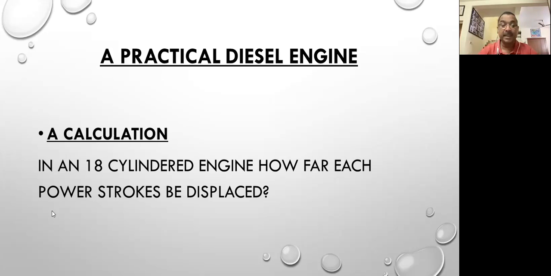It's 30 degrees. So in this case, when the crankshaft rotates 30 degrees, a lesser angle than the earlier case, it will be a smoother revolution as far as the crankshaft is concerned, and a smoother power transfer.